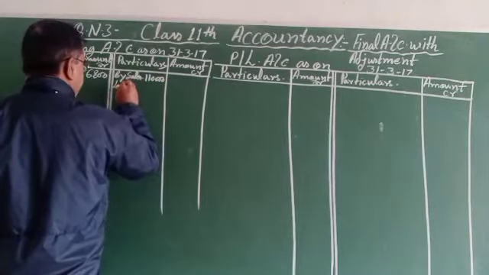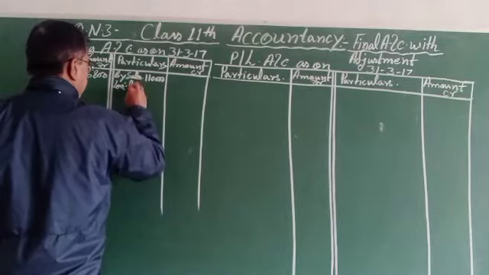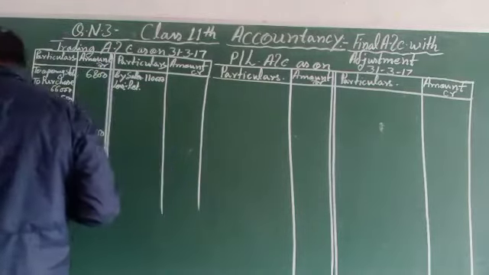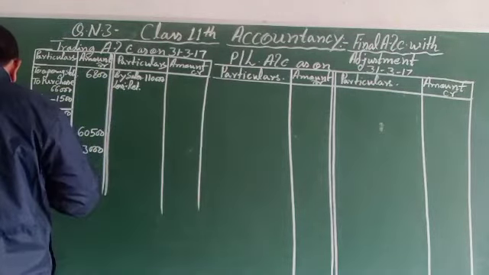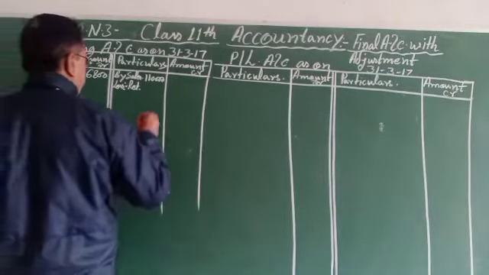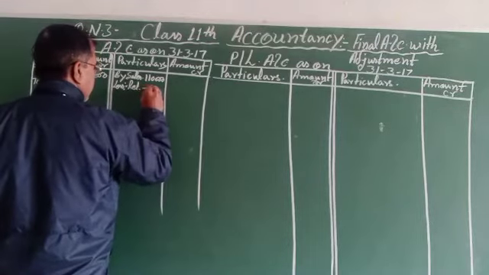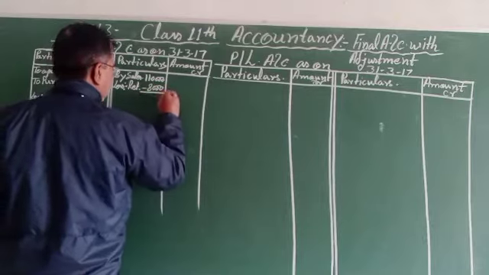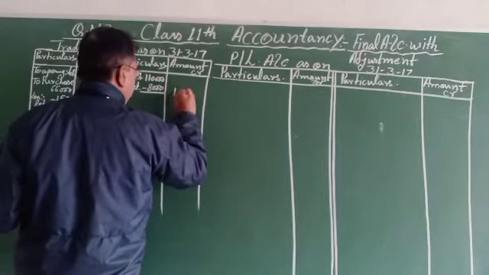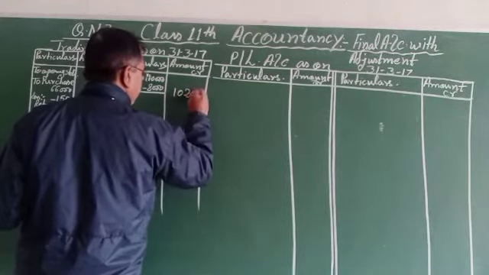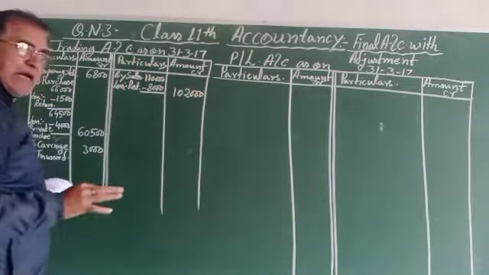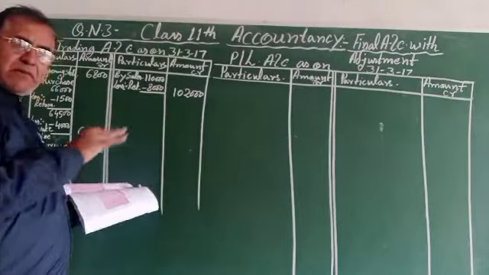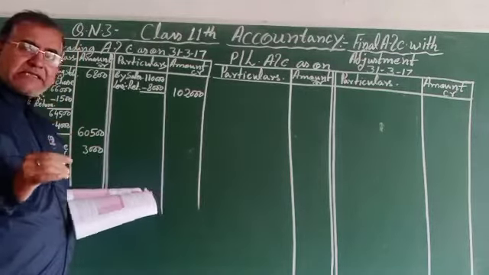What is the sales return? In debit column that is given, less return, that is 8,000, minus 8,000, and the actual sale will be 1,02,000. 1,02,000 actual sale. In your textbook, in trial balance, you can see everything.